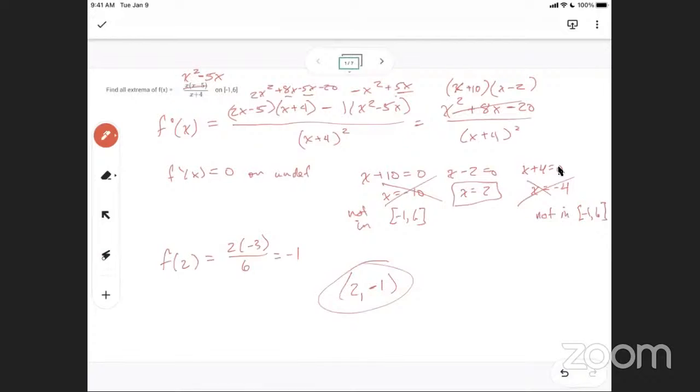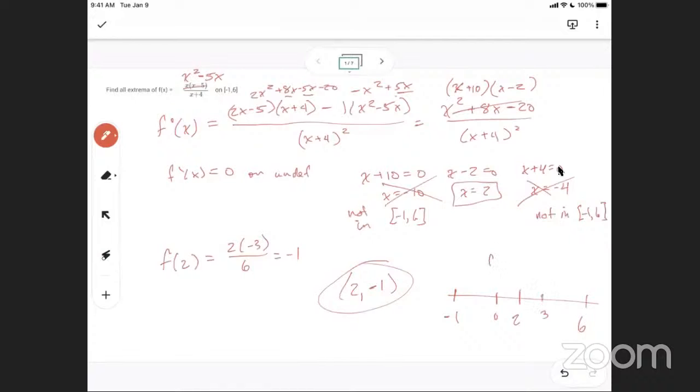So you have to draw a number line with the leftmost point being -1 and the rightmost point being 6, and then 2 in the middle. And so we're going to just take some points. Let's take 0, for example, and let's take 3.